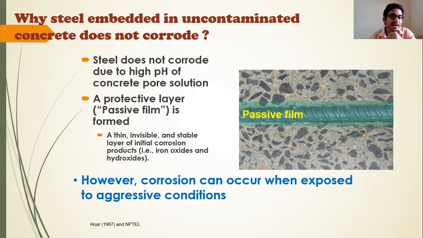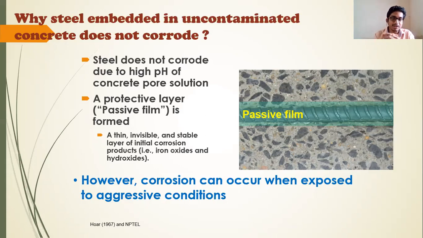And one more reason is that when we cast concrete on any reinforcing system, a passive film is automatically generated around the steel bar. In the diagram you can see the green color area around the bar. This green color area indicates the passive film that generates when the concrete is poured into a reinforcing system.